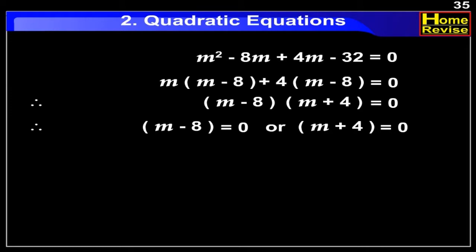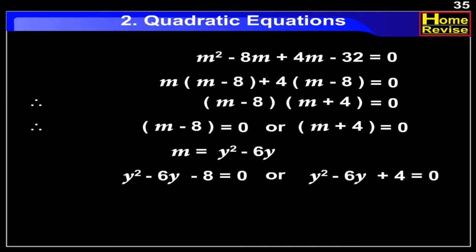But we know that m is equal to y square minus 6y. Putting this value, we get y square minus 6y minus 8 is equal to 0, or y square minus 6y plus 4 is equal to 0.